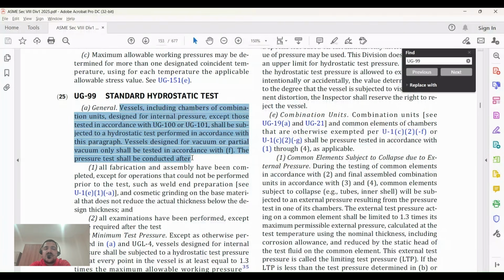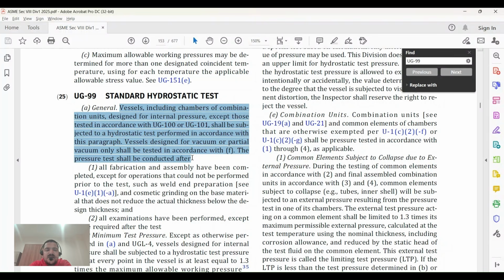So what is 100 and 101? It refers to the requirements related to pneumatic testing, which we have as an available pressure test in substitution of the hydrostatic test.